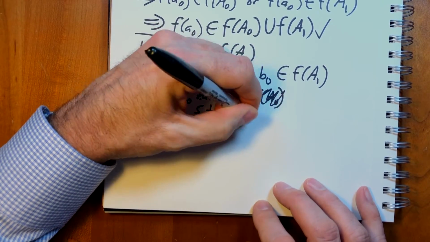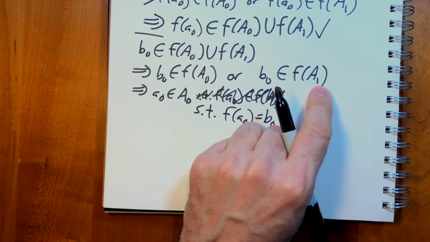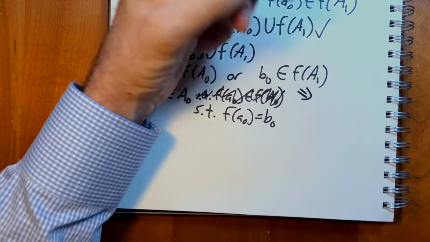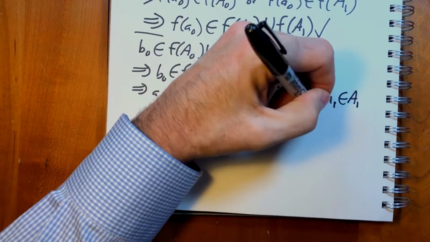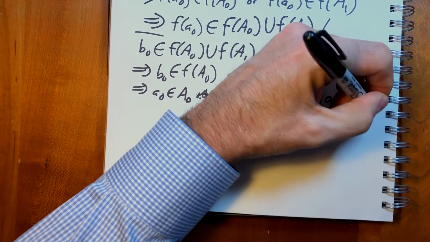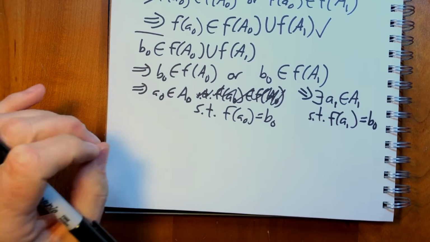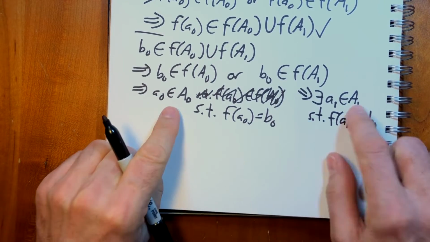And b0 inside the image of A1 means that there exists an a1 inside the subset A1 such that f of a1 equals b0. Now note, this is the spot where this stuff gets hard. It's really important that you're careful here.